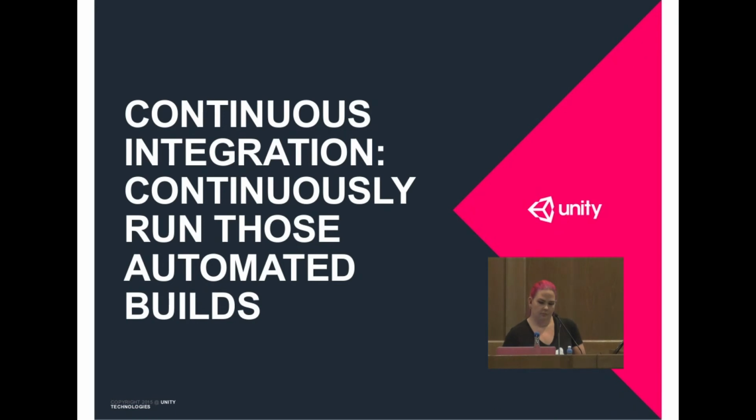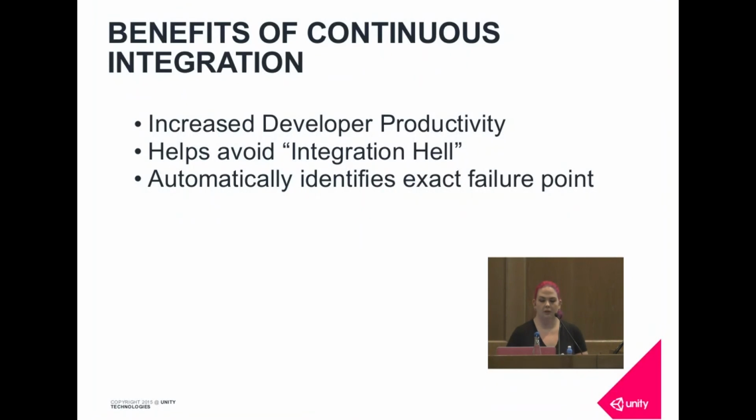So the next thing is continuous integration, which is just continuously running these automated builds. Why would you want this? Well, obviously it increases developer productivity in a lot of different ways. Perhaps the most prominent way is by avoiding integration hell.